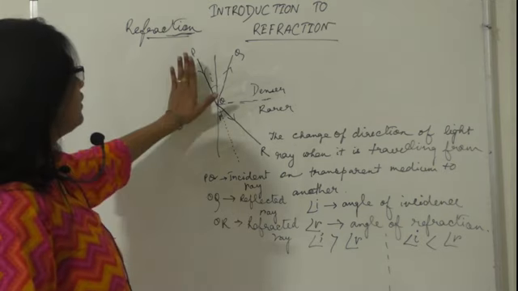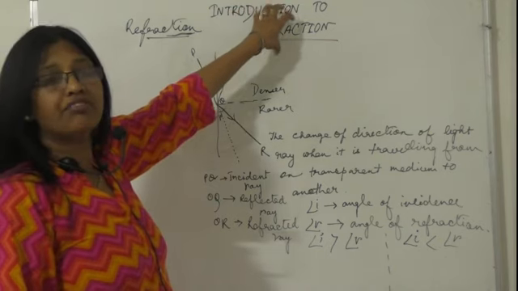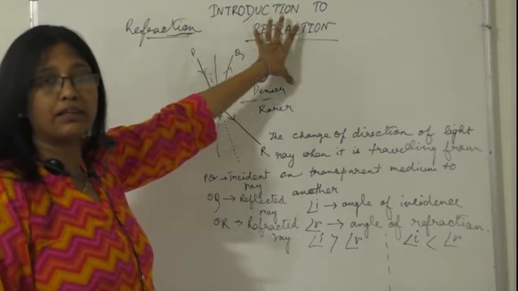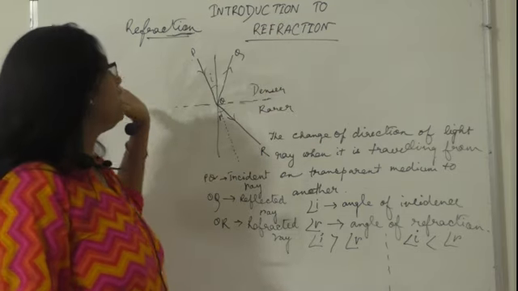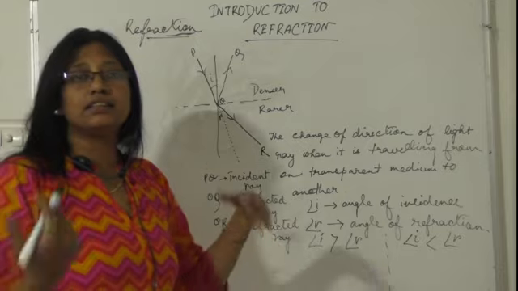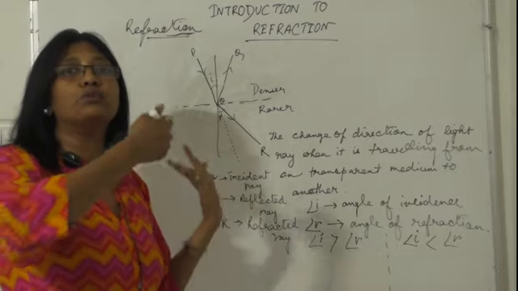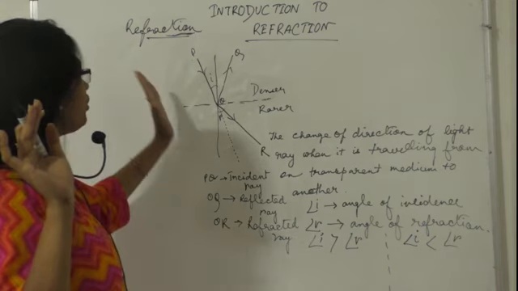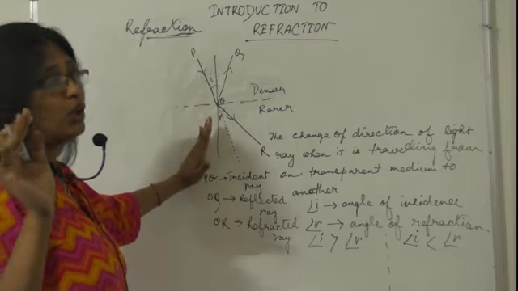So in both cases, the phenomenon of refraction is happening. The change of path is happening. But the difference is that in one case it is bending towards normal, in another case it is moving away from normal. So you have to understand in which case which is happening.